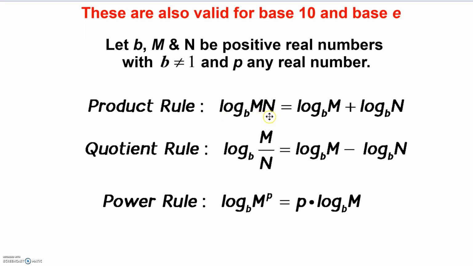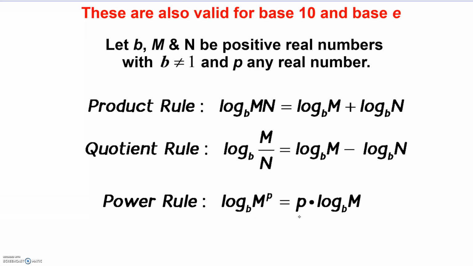Log base b of m times n is log base b of m plus log base b of n. Quotient rule, the log of the quotient is the difference of the logs. The power rule, you can take that exponent and make it into a coefficient, and those two are equivalent to one another.